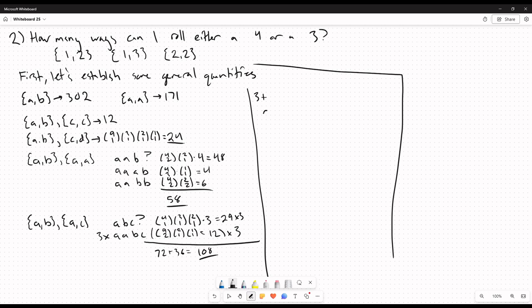They might all be different, in which case there's 24 ways to do it, just the number of permutations there. I might have 1 duplicate, and we already saw that somewhere. We saw it here. There's 12 different ways to do that. And I might have 2 pairs.